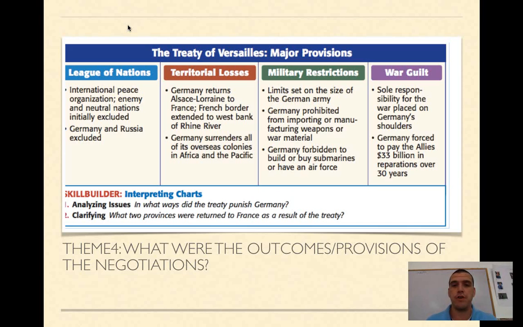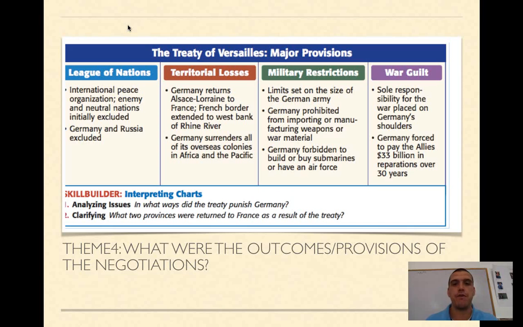Germany was also prohibited from importing or manufacturing weapons or war material. So not only did they have to limit the size of their army, they couldn't make any weapons or bring any weapons in. So you're seeing basically what we would call the breakdown of the German army. They're basically dismantling the German army.